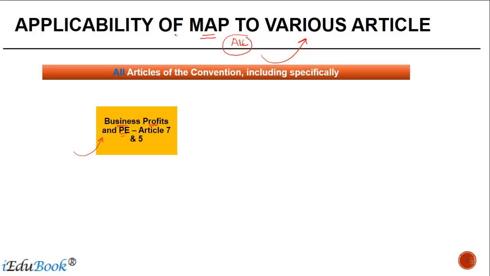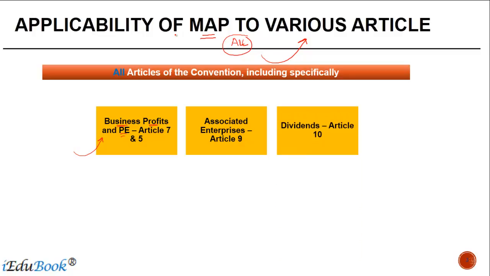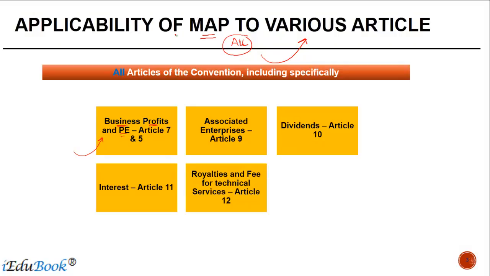Many a times you find that there are controversies in terms of application of the legal provisions as well. Associated enterprises, whether two companies are AEs or not within the meaning of Article 9. Dividends, interest, royalty and fee for technical services, and elimination of double taxation. Like I said, this list is by no means exhaustive. It applies to all other articles of the conventions as well.